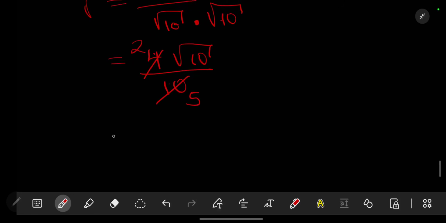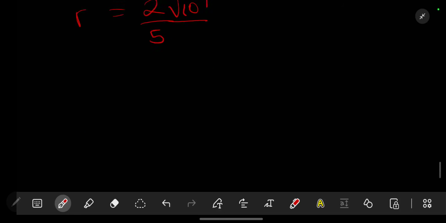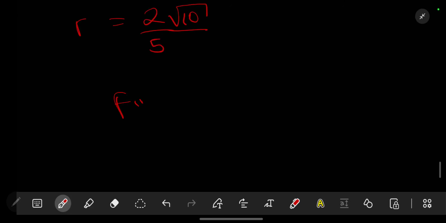So we have our 2 over our 5, then we have our root of 10 like that. So this is the radius. Just in case they asked you to find the equation of the circle in standard form, this is the answer for that part.